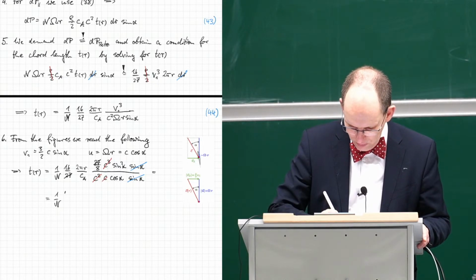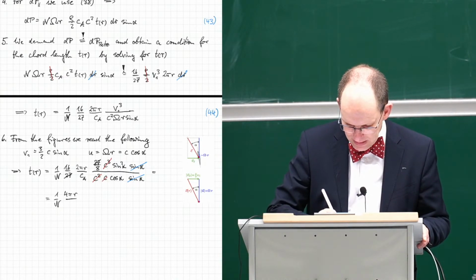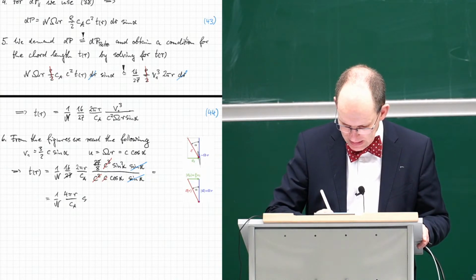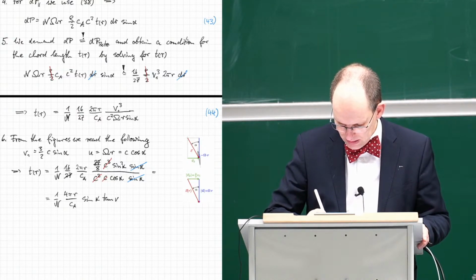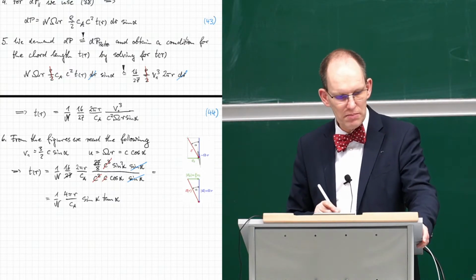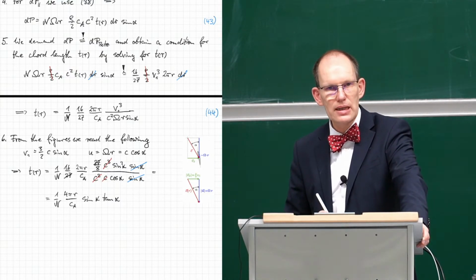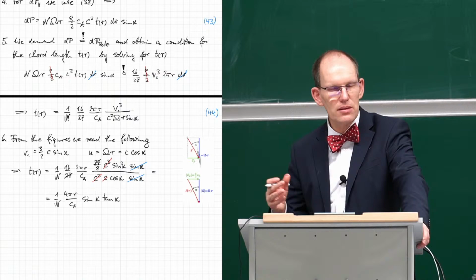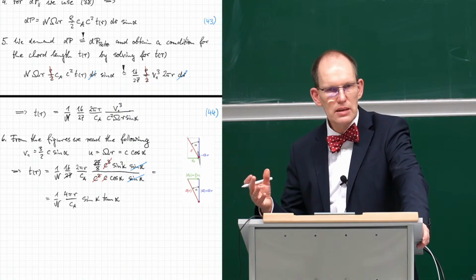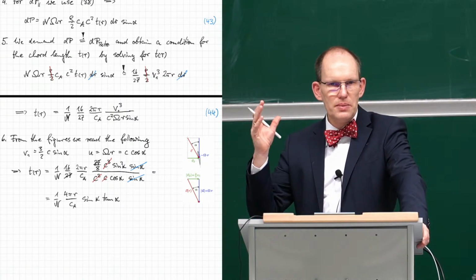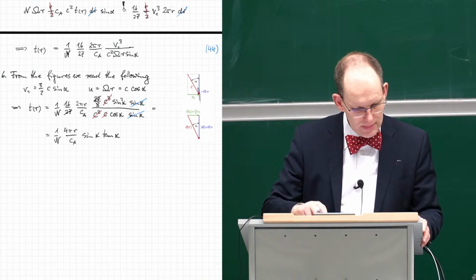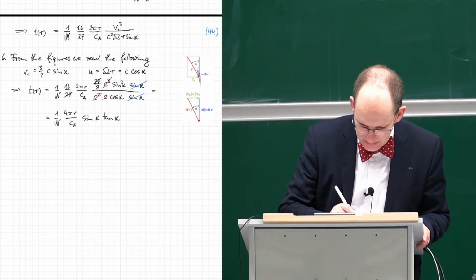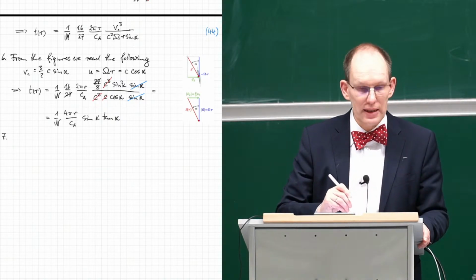So we have 4 pi r divided by Ca, and then the sinus of alpha times the tangent of alpha. Yeah, so this already looks much nicer, but we are still not happy because alpha also depends on the wind speed and we are not yet done.